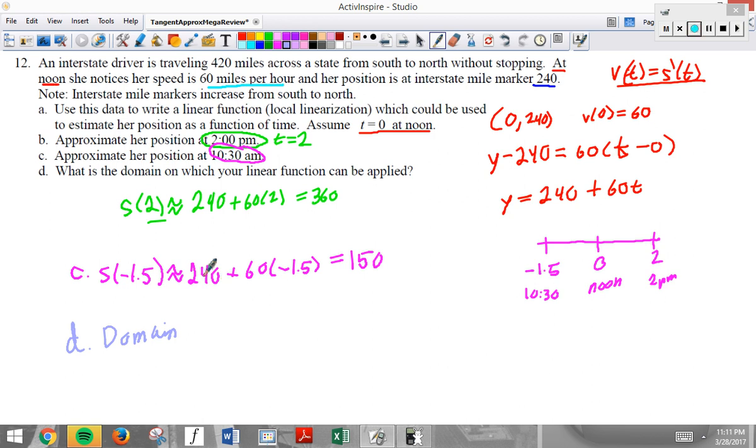So, when would her position under this approximation be 0? That would be negative 4. Approximate position equals 0. And when will she be done her drive?